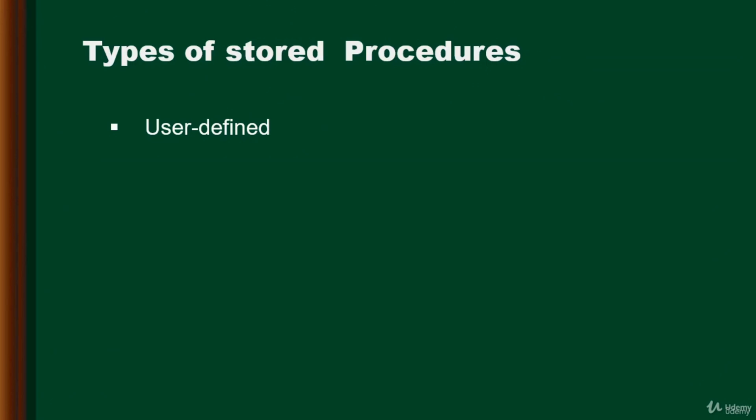Next, we've got a temporary stored procedure. Temporary procedures are a form of user-defined procedure. The temporary procedures are like a permanent procedure, except temporary procedures are stored in tempdb.